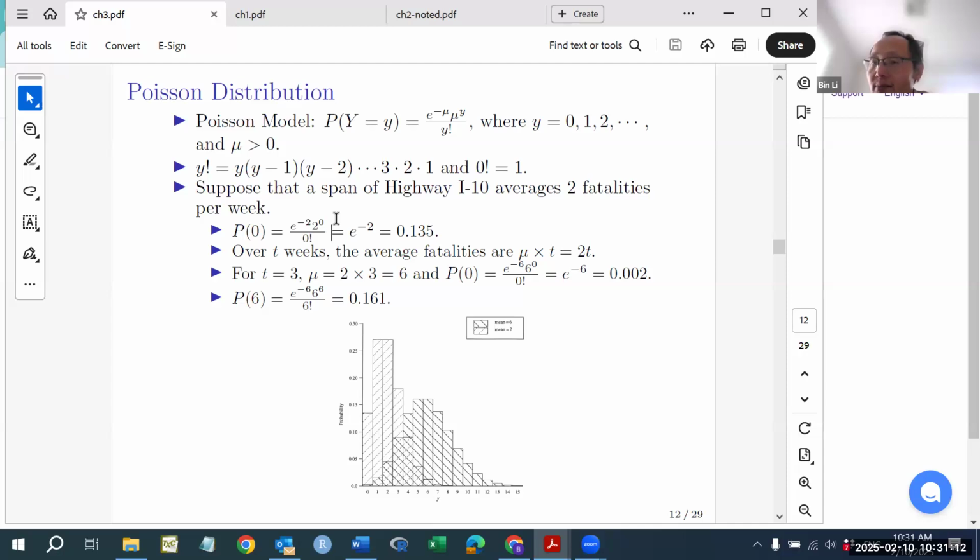The first one is the random component that describes the distribution for the response. We can have Y follow a normal distribution, a binomial distribution, a multinomial distribution, a Poisson distribution, and some others like the negative binomial.